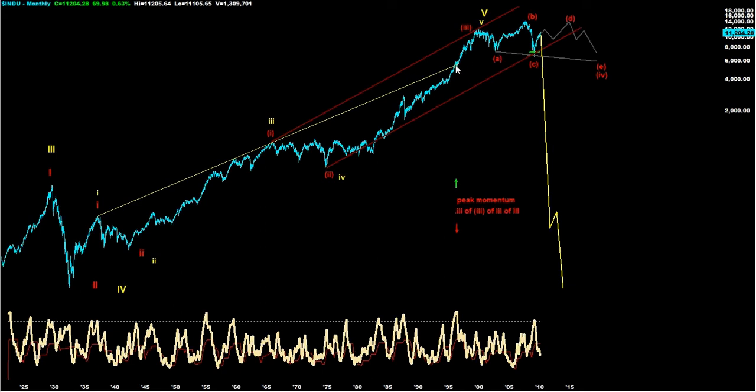And you have to ask yourself again, if you've rallied 9,000 Dow points above your 5,200 target, is indeed your target correct? Well, bottom line is it's not really of any value.